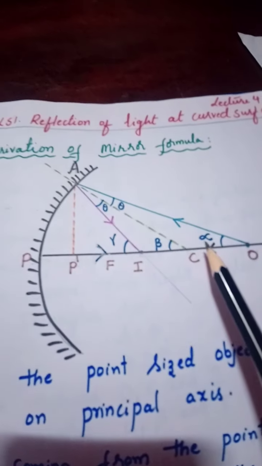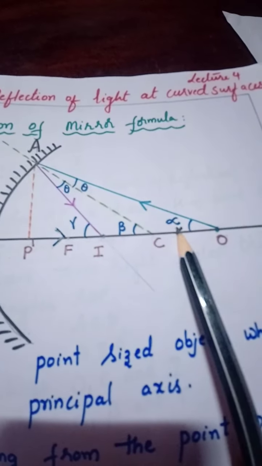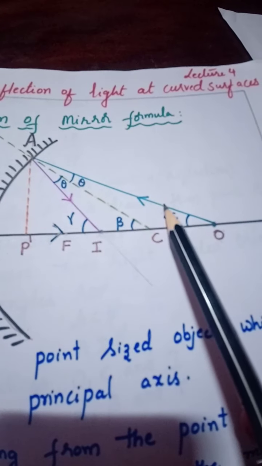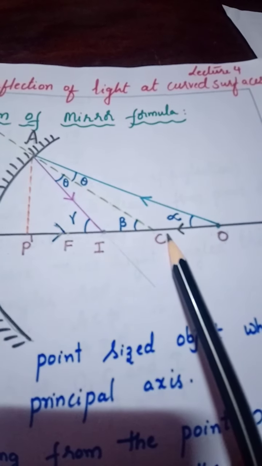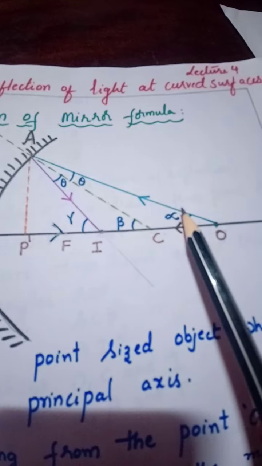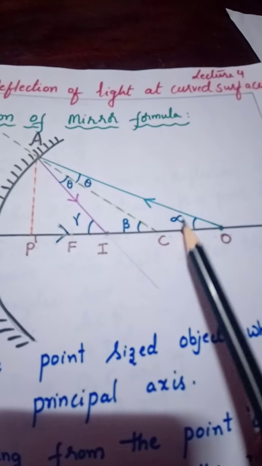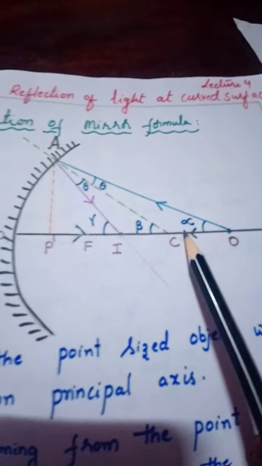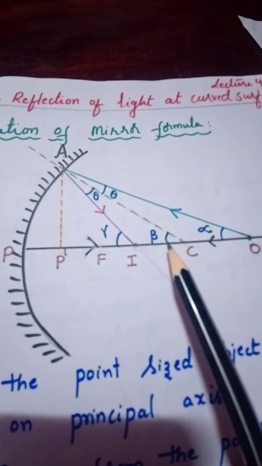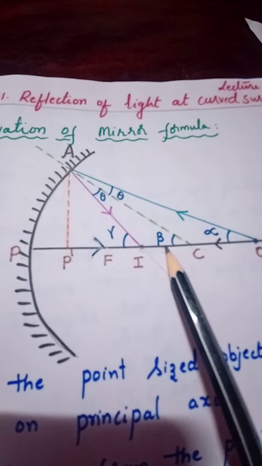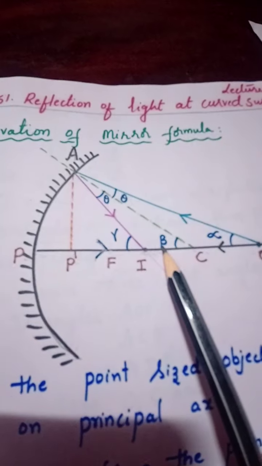Let's come to this angle, alpha. This alpha is the angle between the incident ray and the principal axis. The angle between the principal axis and the normal is beta.